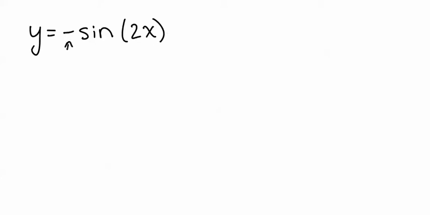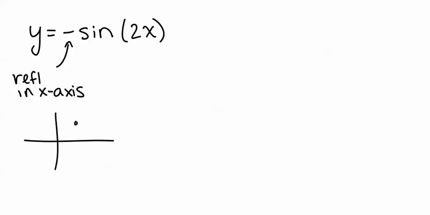Okay, let's try graphing y equals sine, actually let's do a reflection. So let's do y = -sin 2x. The negative here is going to be a reflection in the x-axis. It's going to affect all my y values.